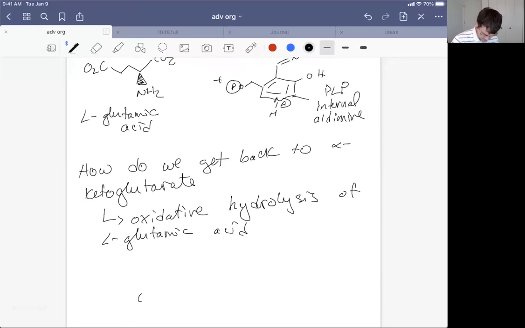Okay, so what does that look like? Well, if we just draw 1, 2, 3, 4, 5. So here is our L-glutamic acid drawn upside down. Now what I want to do is I want to let that react with an NAD cofactor.